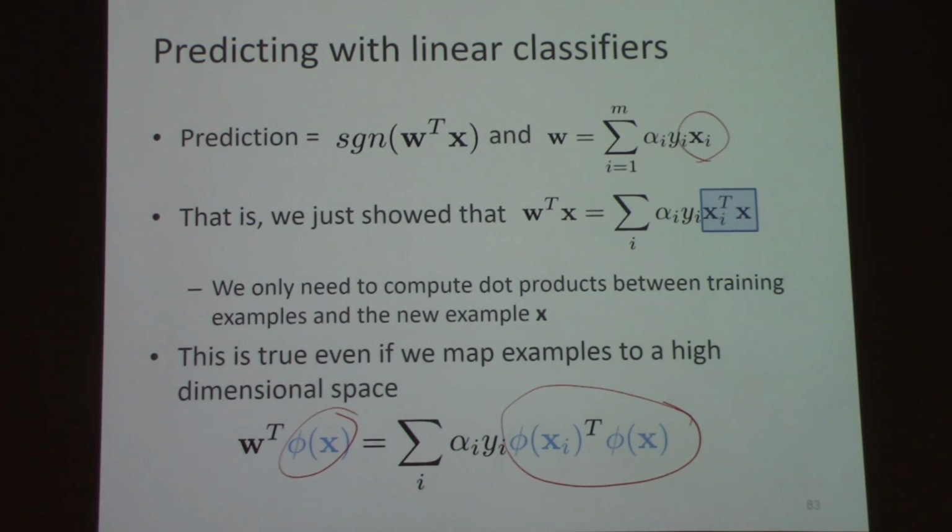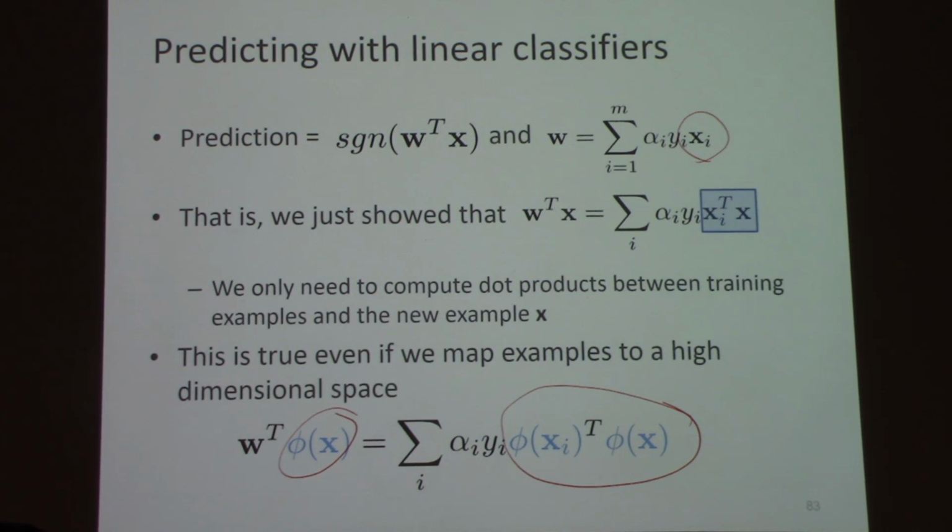Because once I have dot products in the transformed feature space, when a new example X comes in, I iterate over the entire training set over i and compute dot products between training examples and the new example, but no longer in the original space but in the transformed space. So I compute dot products phi of Xi transpose phi of X. Dot products, remember, are just numbers.